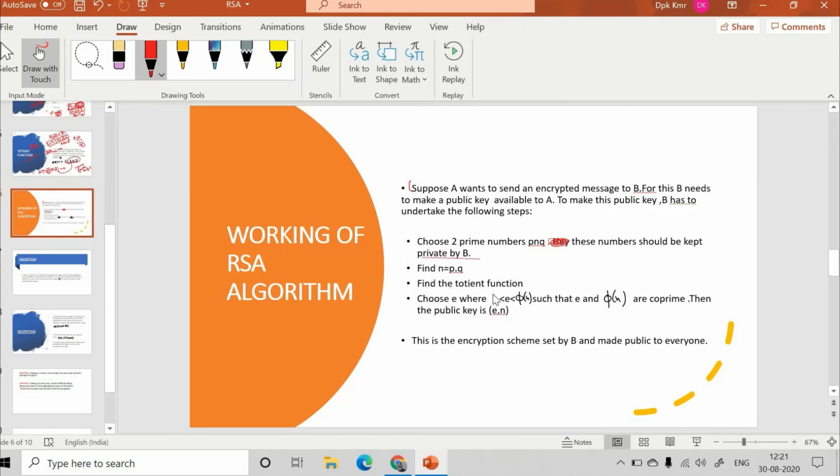Now find N, find the totient function phi of N, right? Now choose E where E is greater than 1 and it should be co-prime, which we did just now. Then the public key is E comma N. So this is the encryption key set by B, made public to everyone.